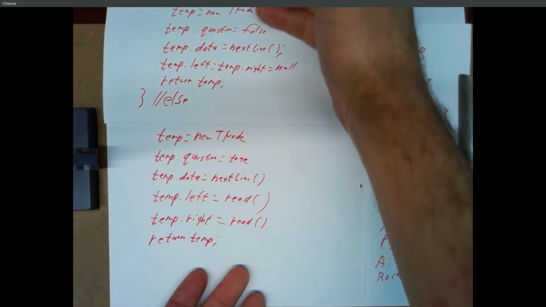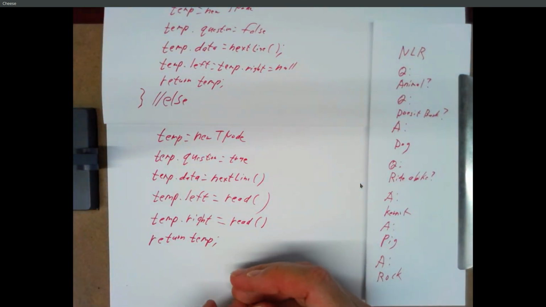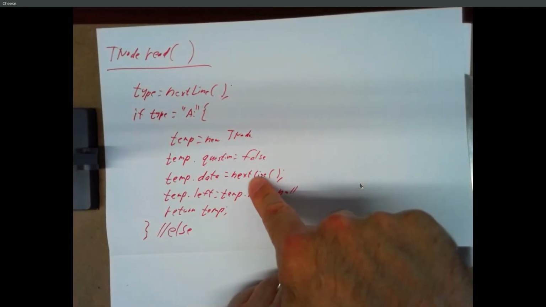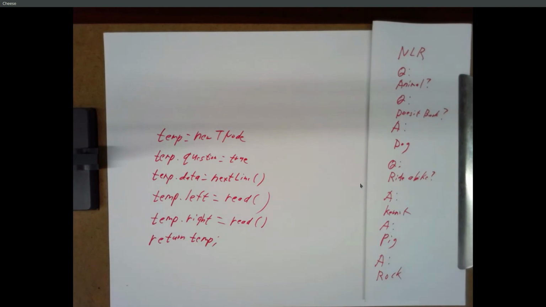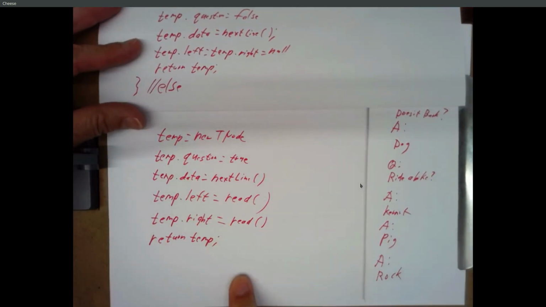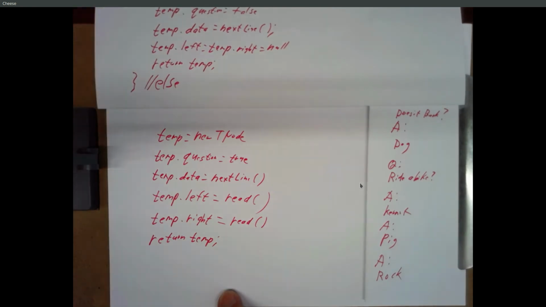And there's no looping in this, right? If it's an answer, just read the next line, return. If it's a question, read the next line, save that, and then just call yourself twice. So there's no while loops or anything like that.